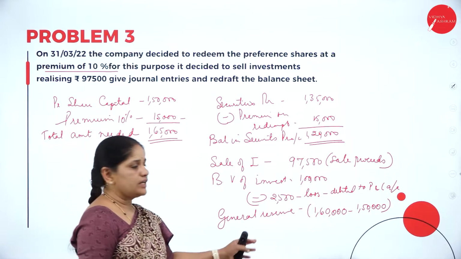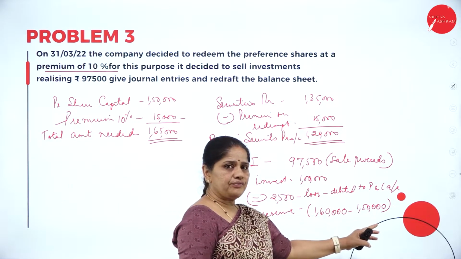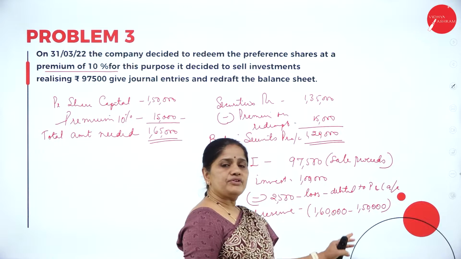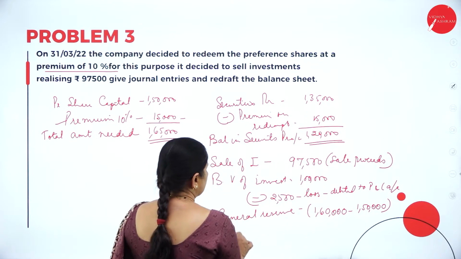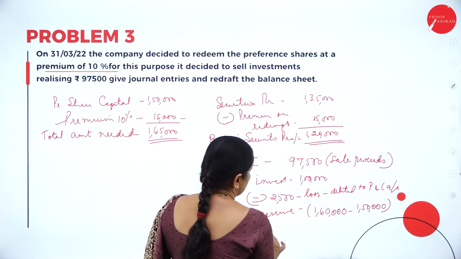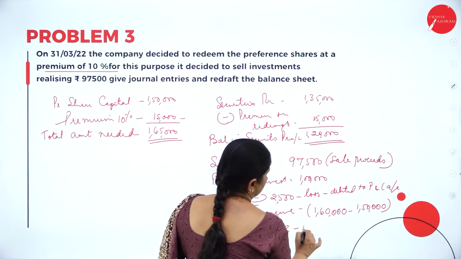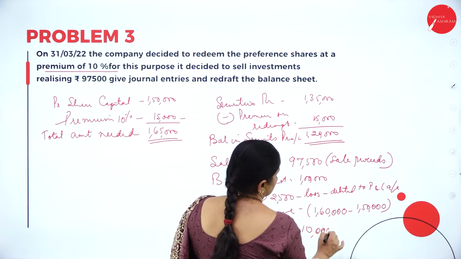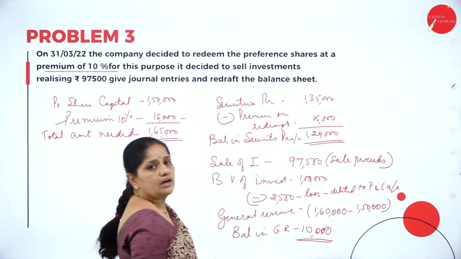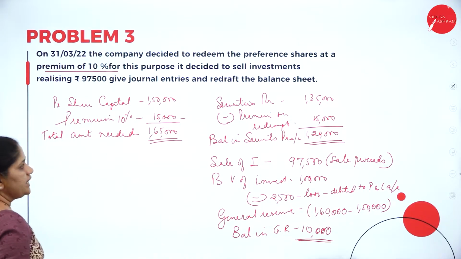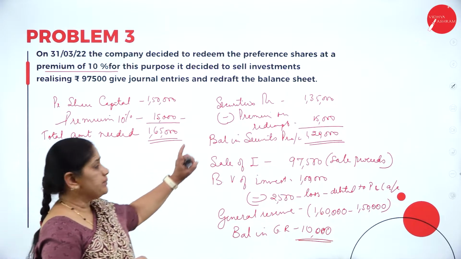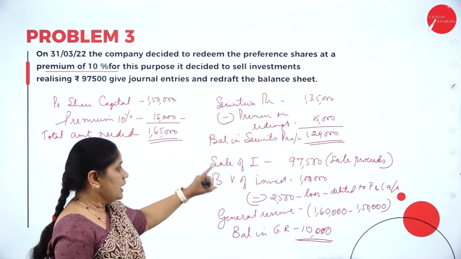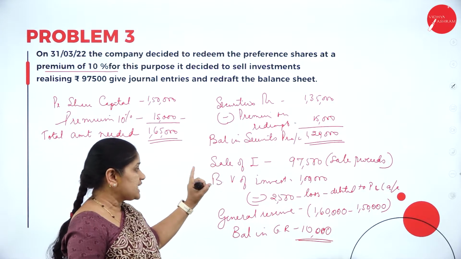From the general reserve, we are taking this 1,50,000. So we will be left with only 10,000. Balance in general reserve is 10,000. So we have adjusted for the premium out of securities premium account, and we are adjusting for the cash balance.